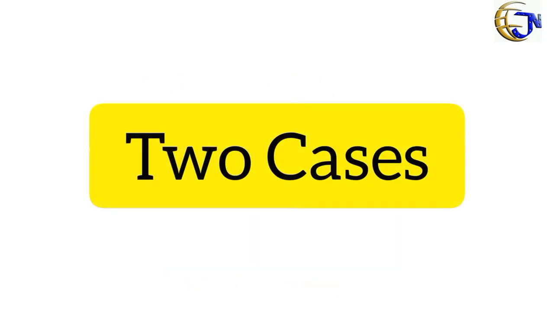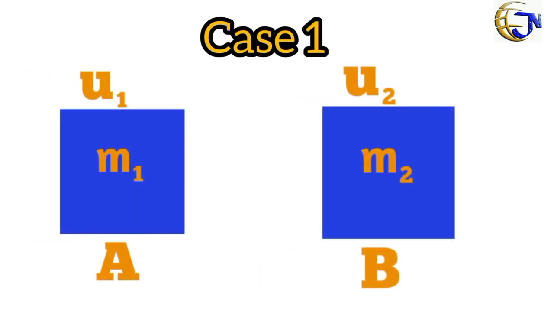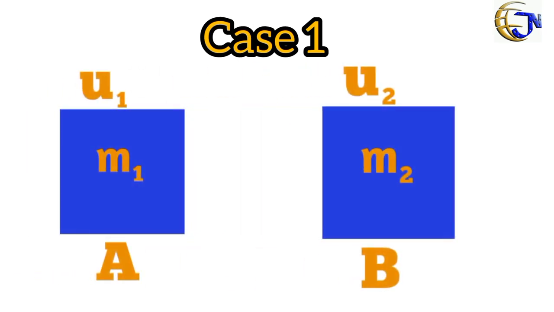let's consider two cases. Case 1. Let's consider two bodies A and B of masses m1 and m2 moving in the same direction. Remember, they are moving in the same direction with velocities u1 and u2 respectively.